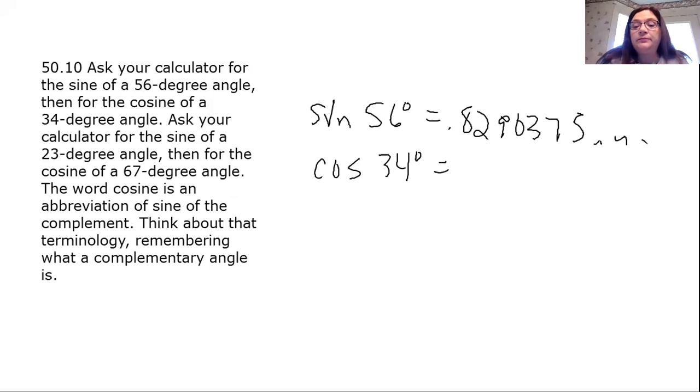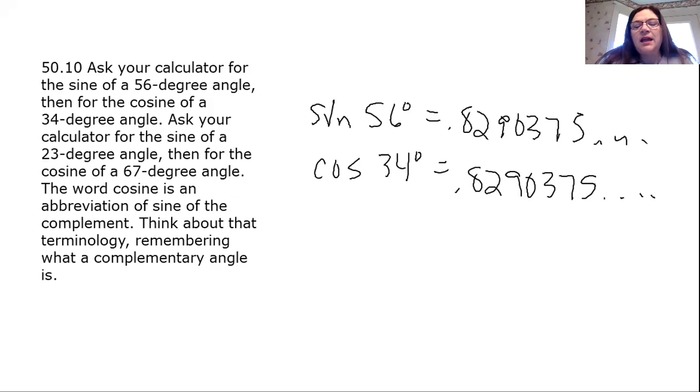Big long number. All right, and then if I do 34 cosine, I get 0.829037. That looks like the same number.